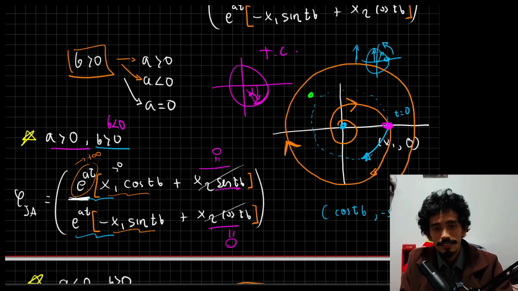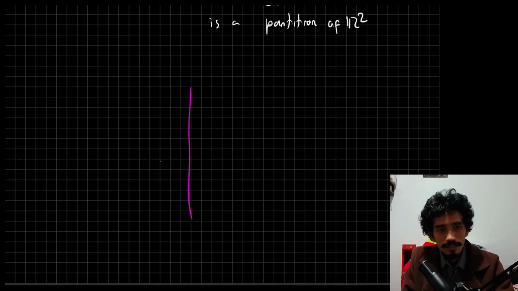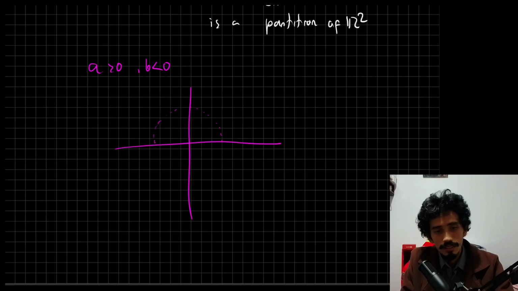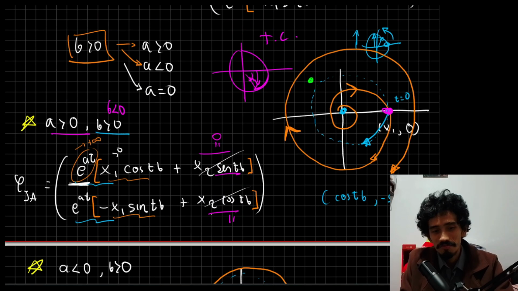So let me write it here. When a is positive and b is negative, let's draw a circle, and it will go like this. Lines getting away and then going into the origin. So it's kind of the opposite of the previous case.